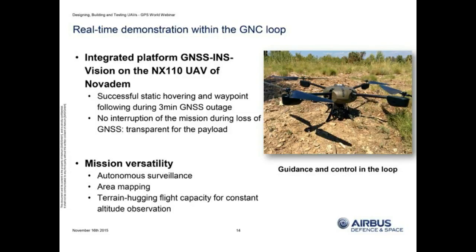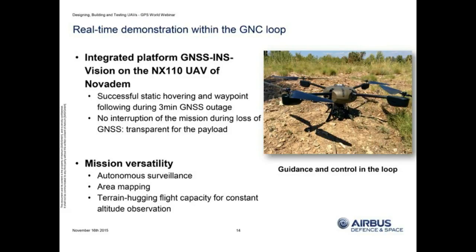Basically what we did is replace the navigation function in the UAV that was only based on GNSS with our vision-based navigation plus GNSS. And we made some GNSS outages like you may have downtown in GNSS-denied environments. And it was quite a fluent flight. We had no transition between GNSS and GNSS-denied instances.